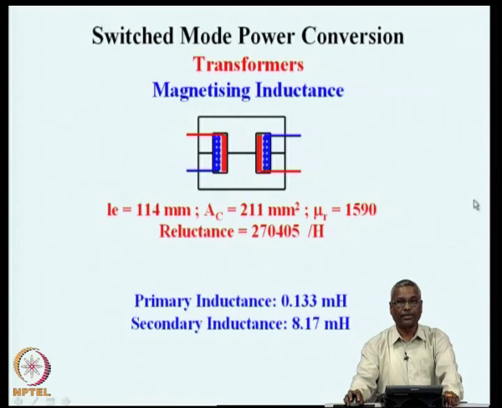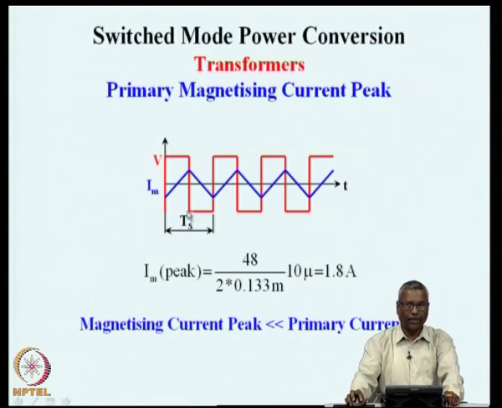Ideally, this should have been infinity, but in practice this is a finite quantity. Now, because of this magnetizing inductance, when we apply the given voltage, there is a magnetizing current which is a finite quantity, not 0. The peak current is 48 volts divided by the magnetizing inductance and multiplied by the duration of this.